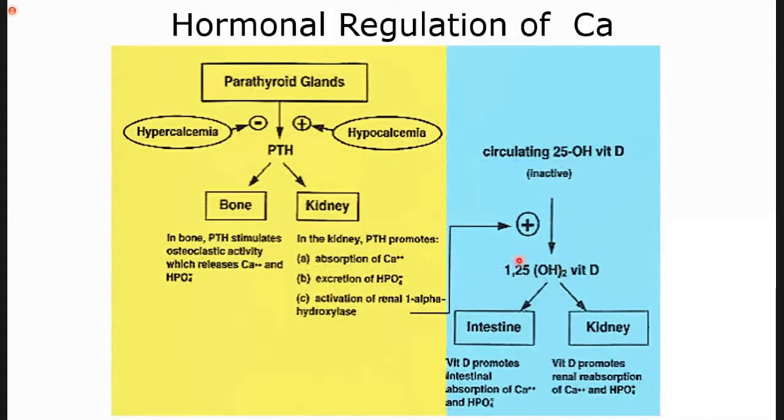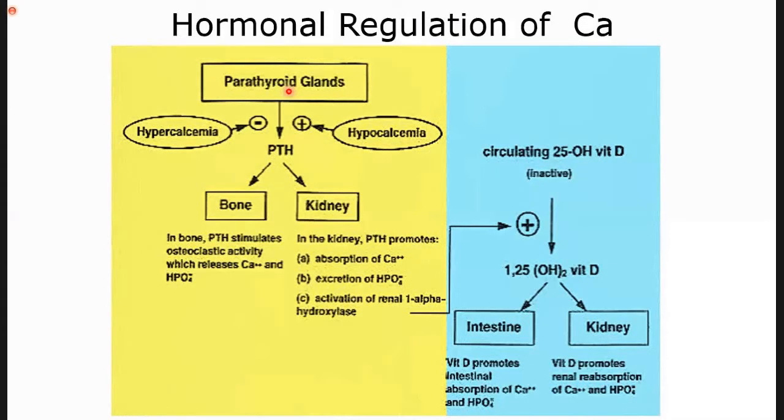In the intestine, vitamin D promotes intestinal absorption of calcium and phosphates, whereas on kidney tubules, it promotes the renal reabsorption of calcium and phosphate. So in this way, calcium is regulated. The normal levels of calcium are regulated by the parathyroid glands, calcitonin, and vitamin D.